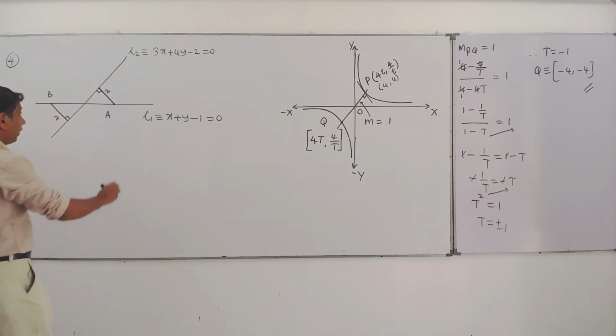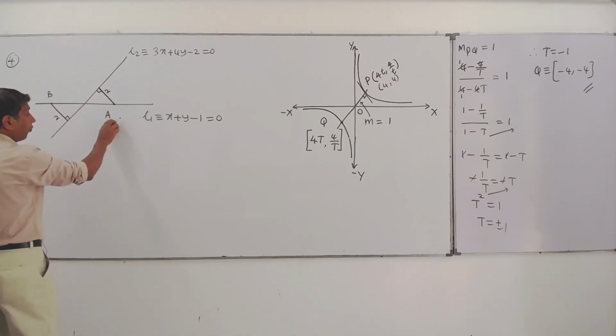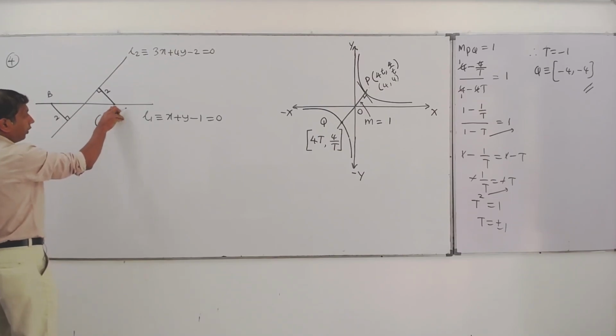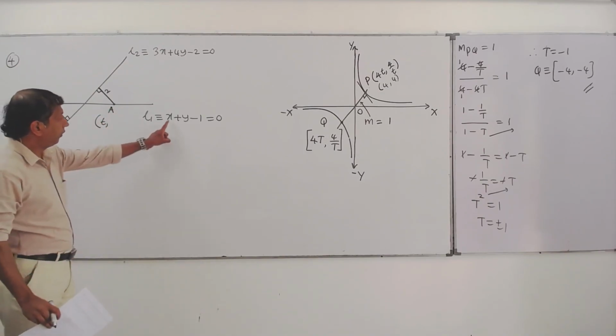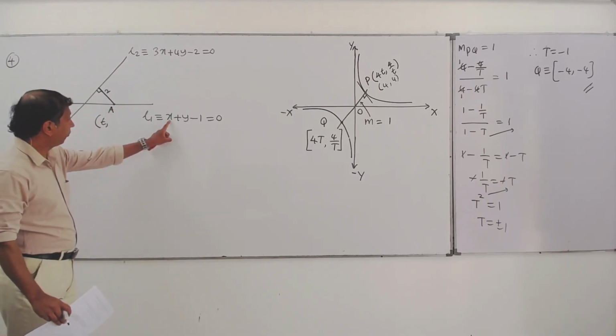Yes. Now I can write here the coordinates of A. Right, now see here, if I assume the x coordinate of A as t, the y coordinate of capital A we can find here. Put x coordinate t here.